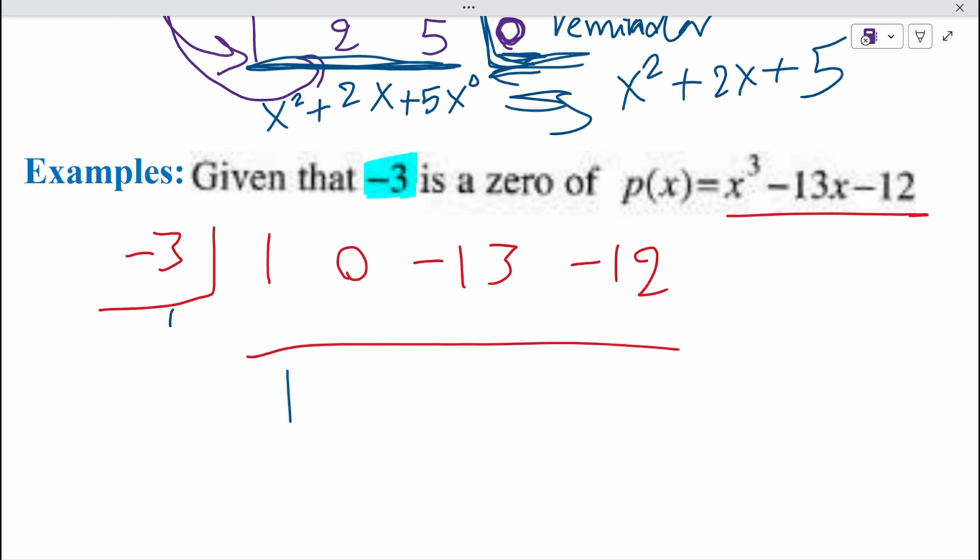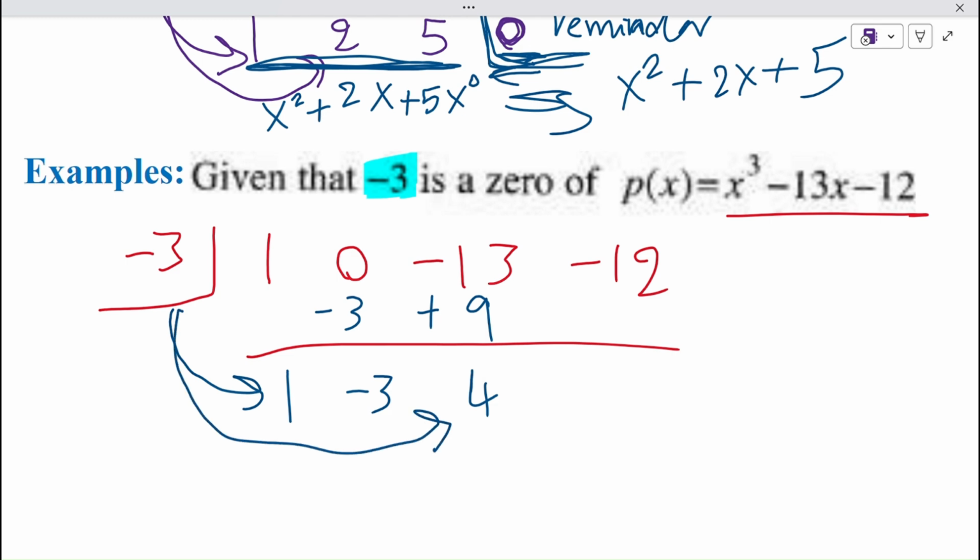Put down this one. Minus 3 times 1 is equal to minus 3. Add it. Minus 3 again. Minus times minus is equal to plus. 3 times 3 is equal to 9. 13 minus 9 is equal to 4.